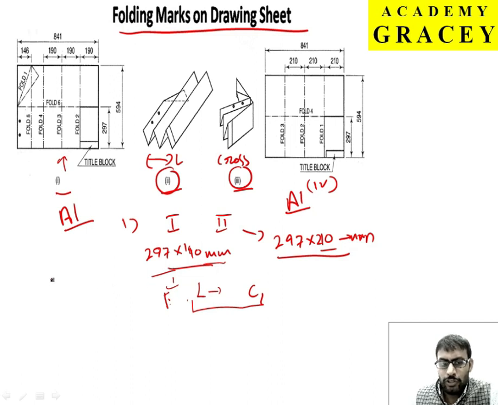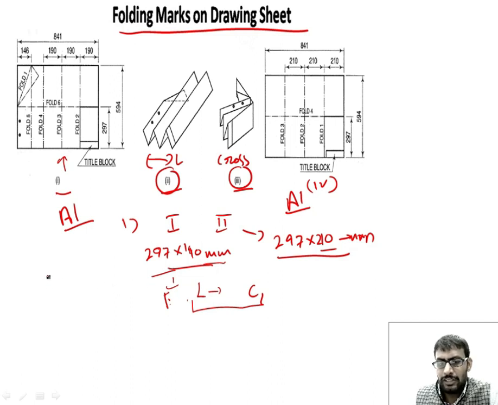In your quizzes and exams, it will be asked what the folded size is in method 1. The answer will be 297 into 190 mm. And for the second, it will be 297 into 210 mm. So these are the folding marks on the drawing sheet, and how to preserve the sheets.